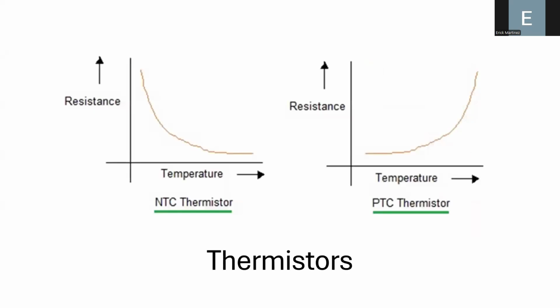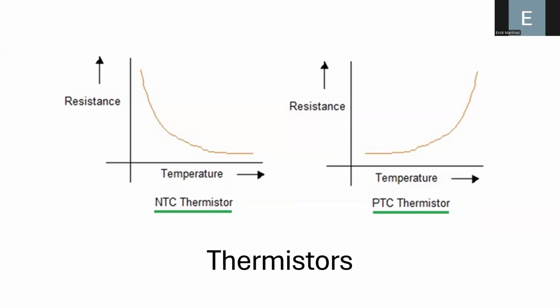And this is a diagram of the behavior of the thermistor. For example, for the negative temperature thermistor, when you're increasing the temperature, you're reducing the resistance. On the other hand, for the positive temperature coefficient thermistor, when you're increasing the temperature, you are increasing the resistance.